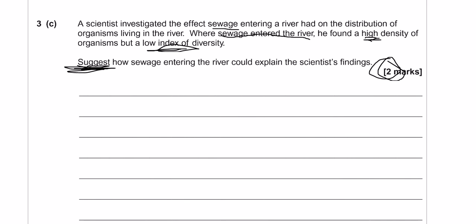It prevents many species colonizing or remaining in the area. Sewage can be a food source, but only to a few species, because that explains why there is a low index of diversity. Some species find it a good food source, and so it will only increase the numbers of a few species. Only a few species will survive.